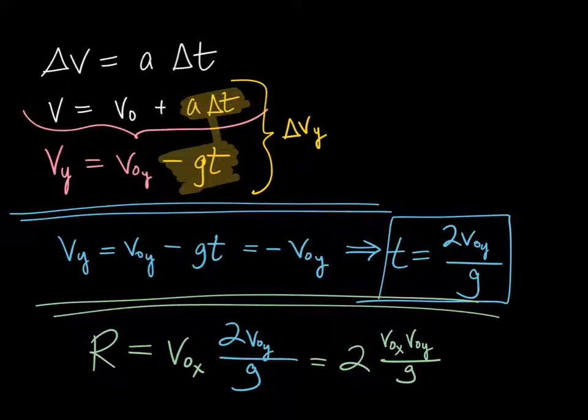So I have this nifty thing here, but I still have these initial speeds, and I may not know what the components are. But guess what I could do? If I had a radar gun, I could measure the initial speed of the ball. They don't typically do that in football, but if you watch tennis, they know the serving speed. Baseball, they know the pitching speed. Why is that?